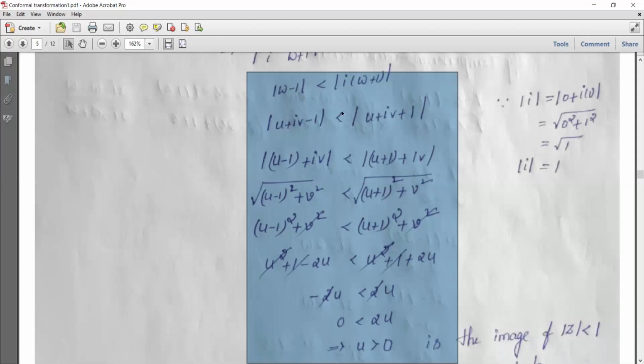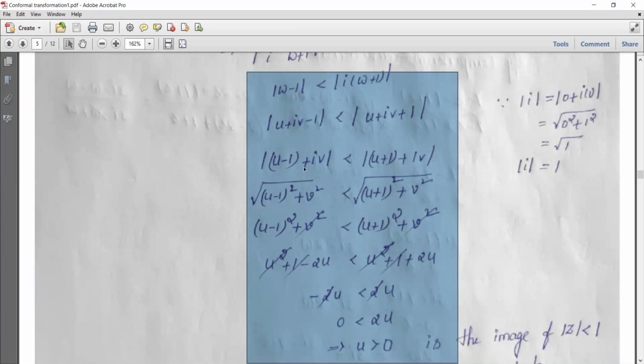So here, coming to this second line again, on the RHS modulus of i is 1. It will be 1 into (w plus 1). w is u plus iv plus 1. Now, coming to the third line, modulus of (u minus 1 plus iv) less than modulus of (u plus 1 plus iv).